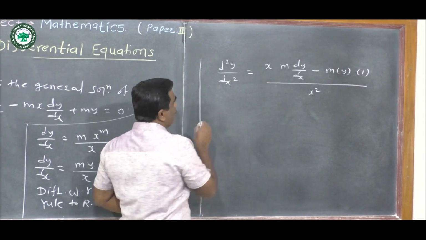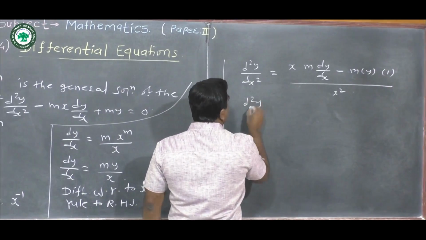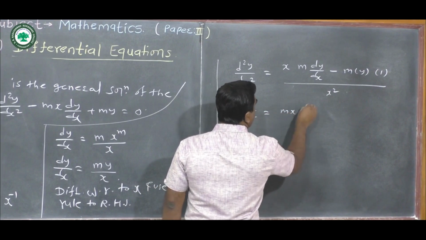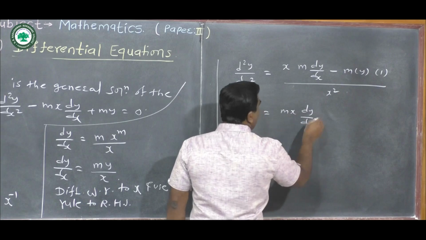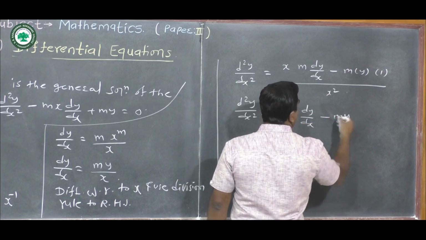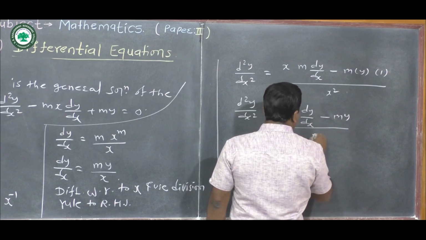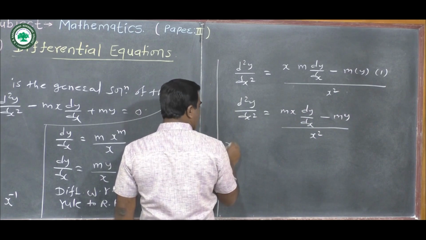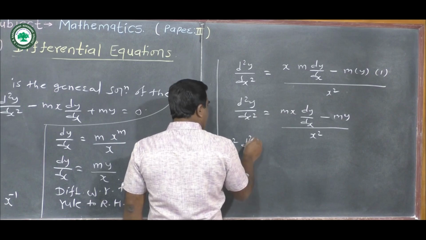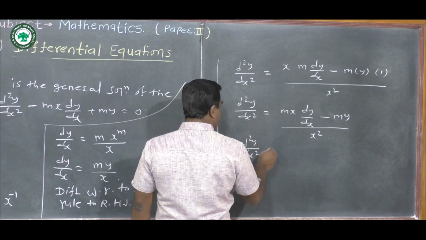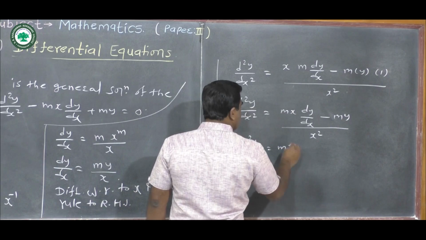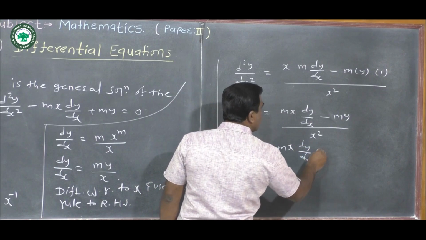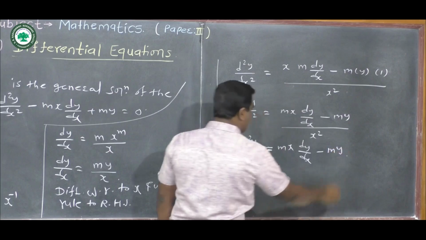Okay, that is, we get here d square y by dx square is equal to mx into dy by dx minus m into y upon x square. Take this term to the LHS, then we can write x square into d square y by dx square equal to mx into dy by dx minus my.